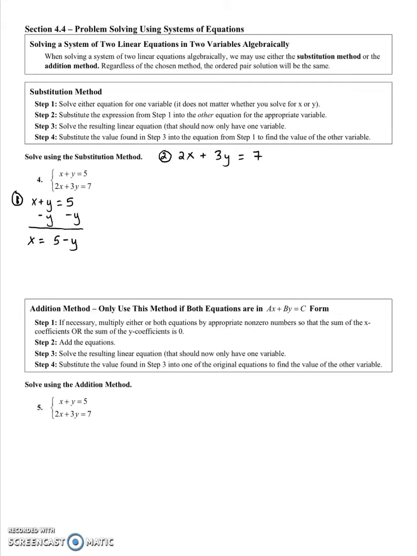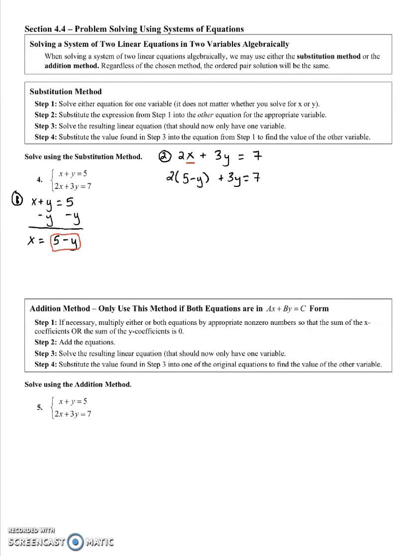Remember, we now have a different name for x, which is 5 minus y, so we put 5 minus y in where the x is. So 2 times, and this has to be in parentheses, 5 minus y, plus 3y equals 7.